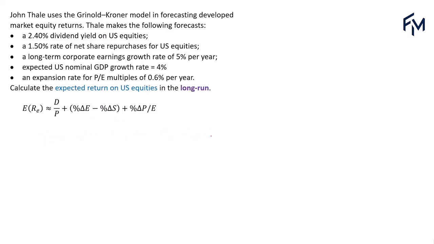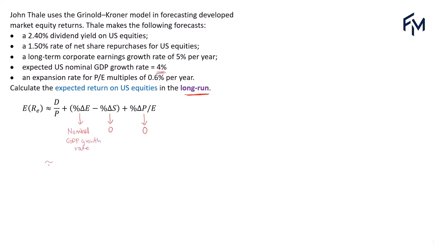Now, lastly, if you're asked to calculate the expected return on US equities in the long run, take note that in the long run, we assume that the percentage change in shares outstanding will approach 0 and there will be no change in the PE multiple. And the percentage change in corporate earnings growth rate should approximate the nominal GDP growth rate of the economy, which in this case is 4%.